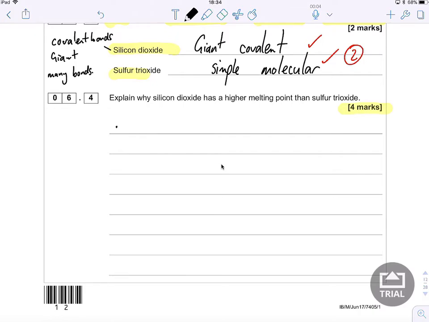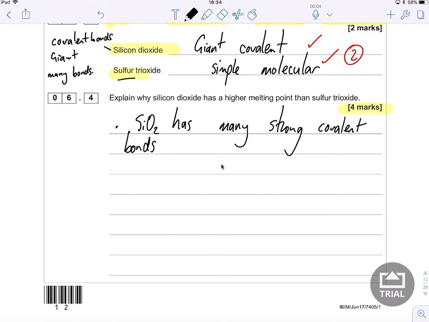Okay, so let's start off by saying silicon dioxide has many strong covalent bonds, and I'm going to compare it to sulfur trioxide. So sulfur trioxide, SO3, is a simple molecule, and it's going to have weak intermolecular forces. Its intermolecular forces are going to be van der Waals. It's not a polar molecule. So I'm going to say that. I'm going to compare the two.